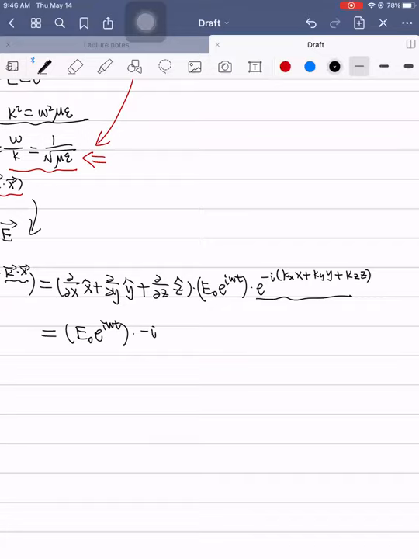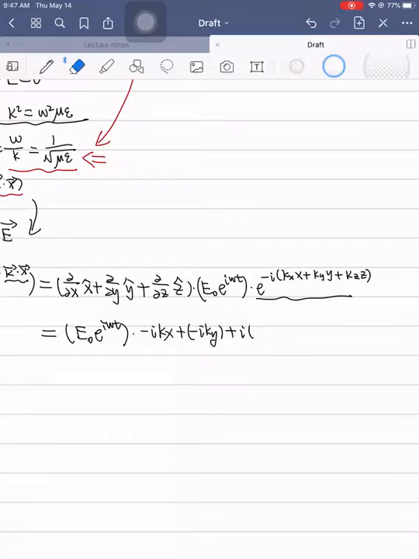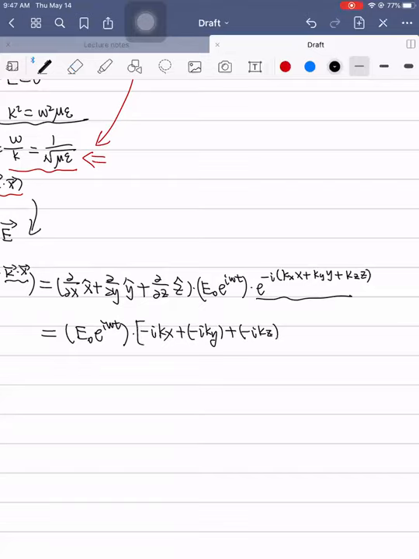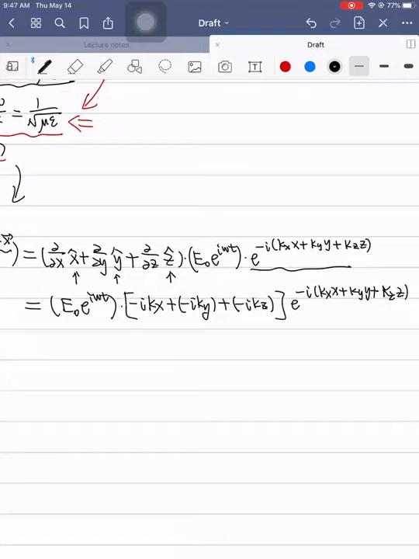So we can get minus i kx plus minus i ky plus minus i kz, times e to the minus i k x. Oh, and also remember not to omit this three-directional vector.